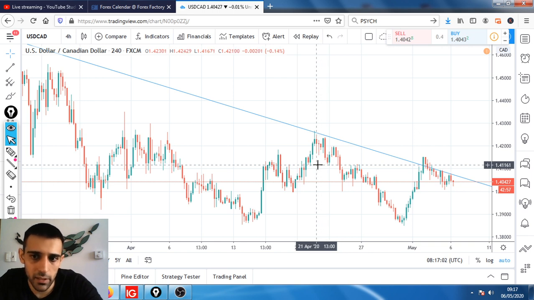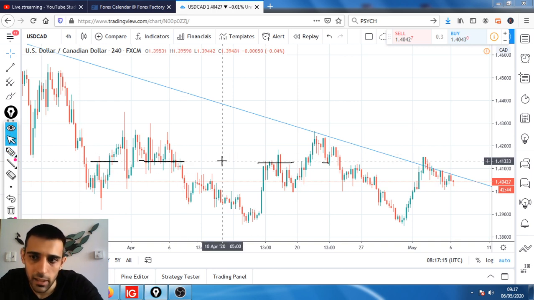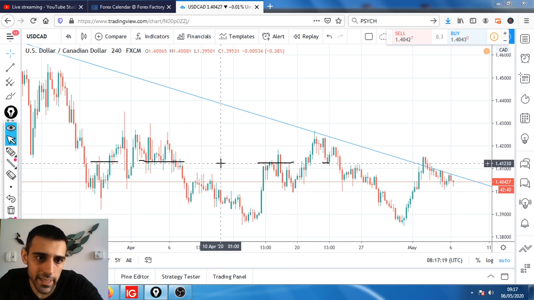So I've got my cursor in here. We can see 141.20. We've got these lows, there's a lot of clustering going on in here, as well as these highs. So there's a lot of price action going on, so that will be our first target.